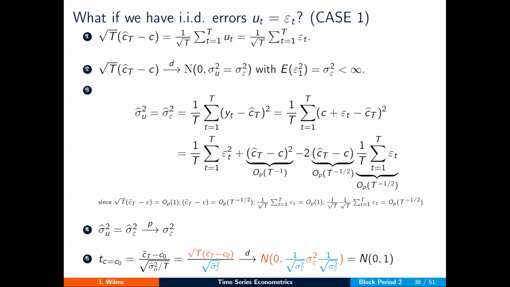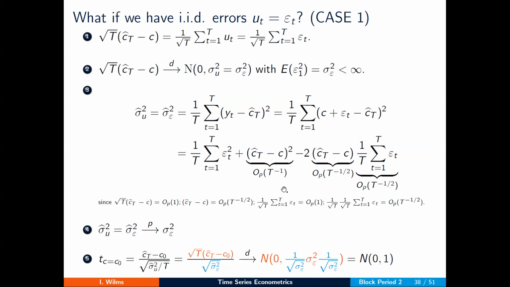So this guy over here, the probability limit of the denominator, the variance of the error terms. And how does this expression get further simplified? Well, we see that all of the terms with the sigmas cancel out, and we are left with a standard normal, which is, of course, perfectly in line with the results that you should know from the regression framework.